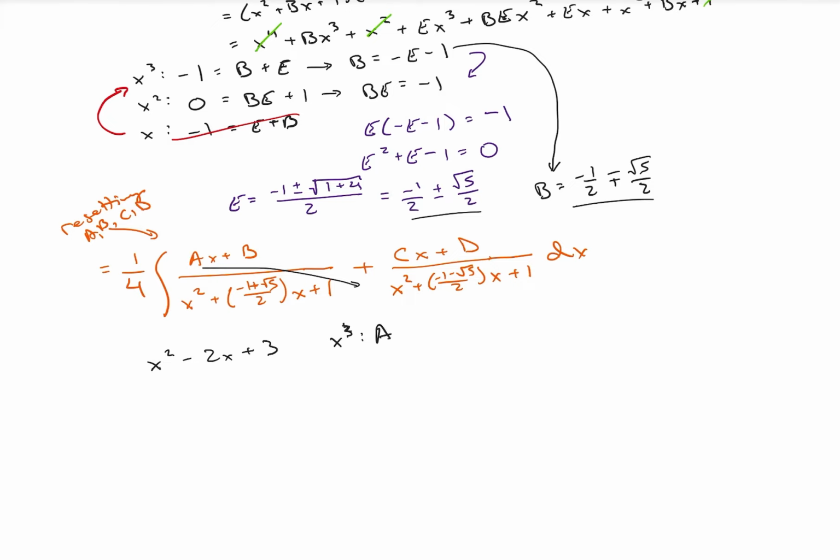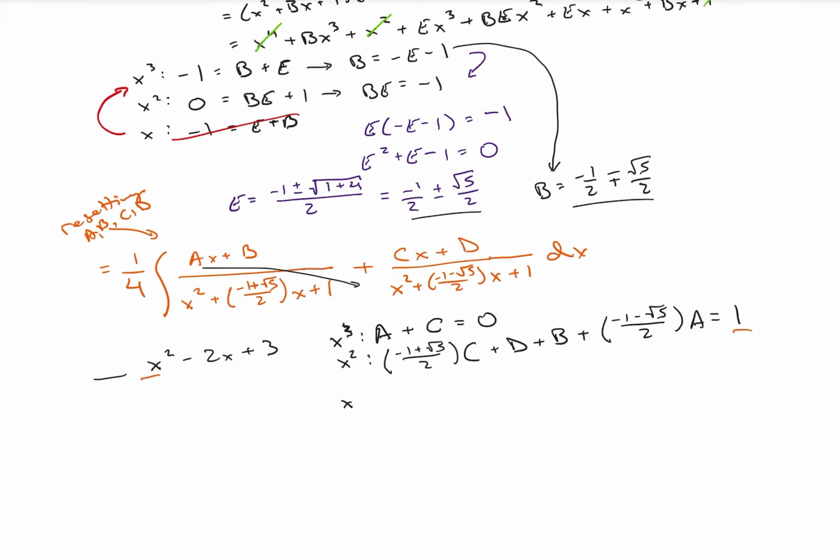I'm going to get a, and I'm going to get c on the right side, and that's going to equal 0 on my left, because there's nothing over here. For my x squared terms, I'm going to have -1 plus square root of 5 over 2 times c plus d plus b plus -1 minus root 5 over 2 times a is equal to 1, pulling that 1 from over here in front of the x squared term.